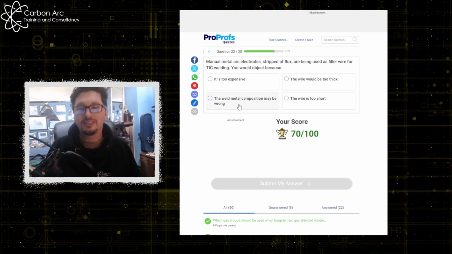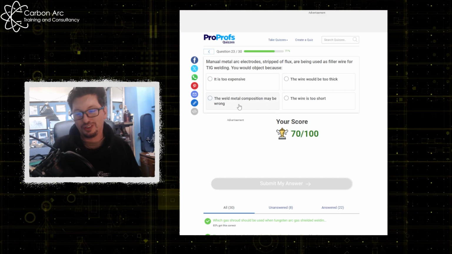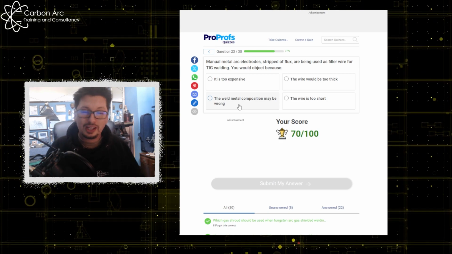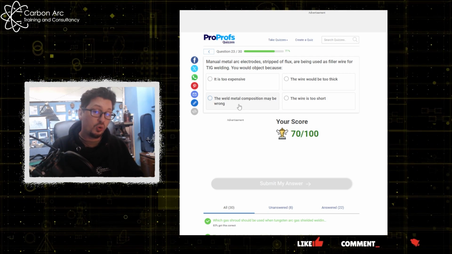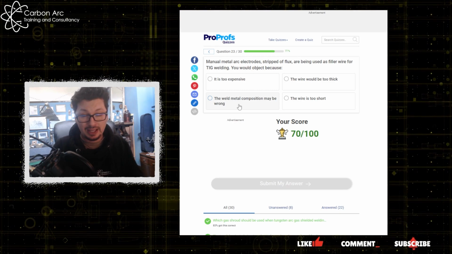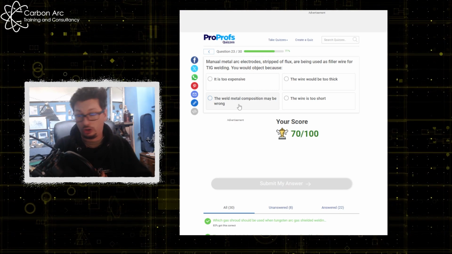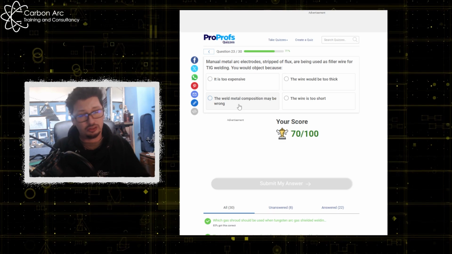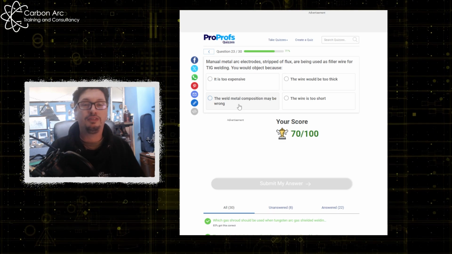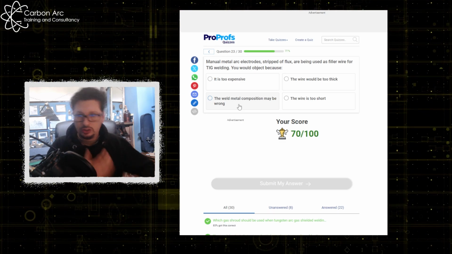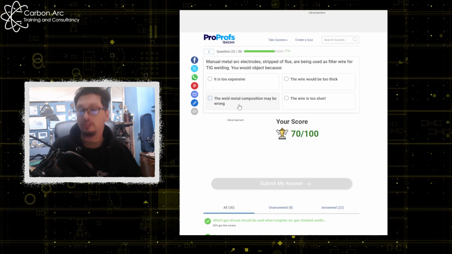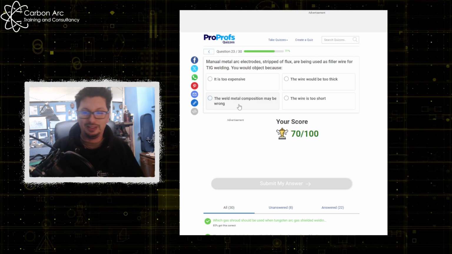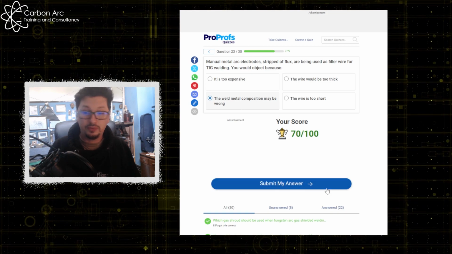If you use MMA electrodes and you strip the flux, you get the wrong chemical composition because the core wire within the MMA electrode is cheap. It's carbon steel, it's reaming steel. It needs the flux to alloy and increase its quality. So if you remove all that, it's just garbage. So the composition will be wrong.